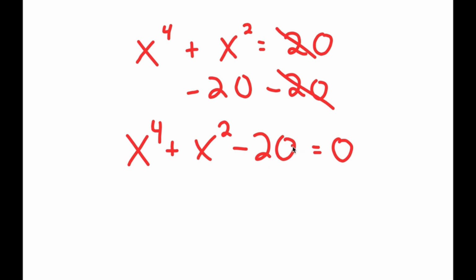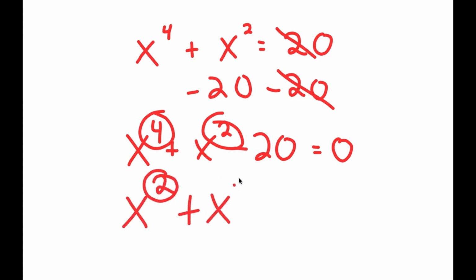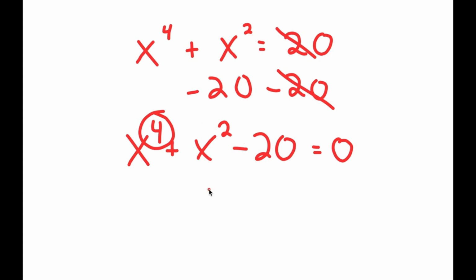Now this may seem like a quadratic equation, but it's not, because we have the power of 4 as our primary term, and then that's led by the power of 2. And in a normal quadratic equation, we have 2 as our primary, then we just have 1, and then we have some constant c. So how are we going to solve this?